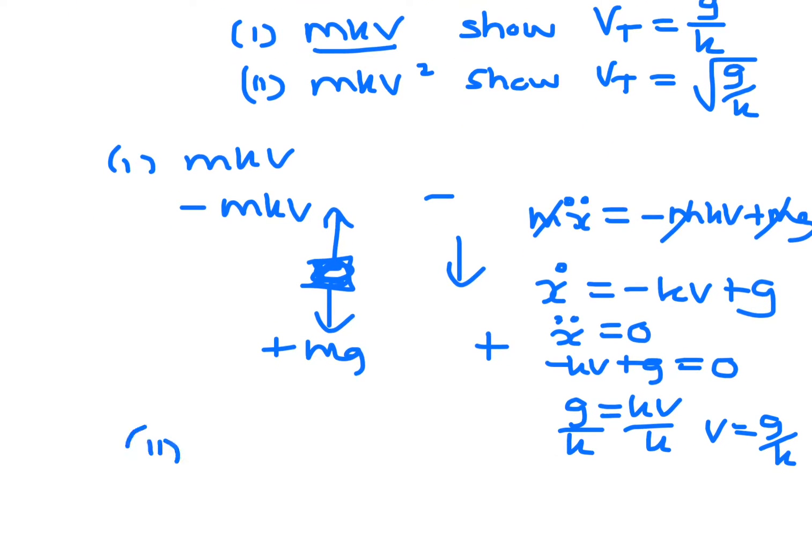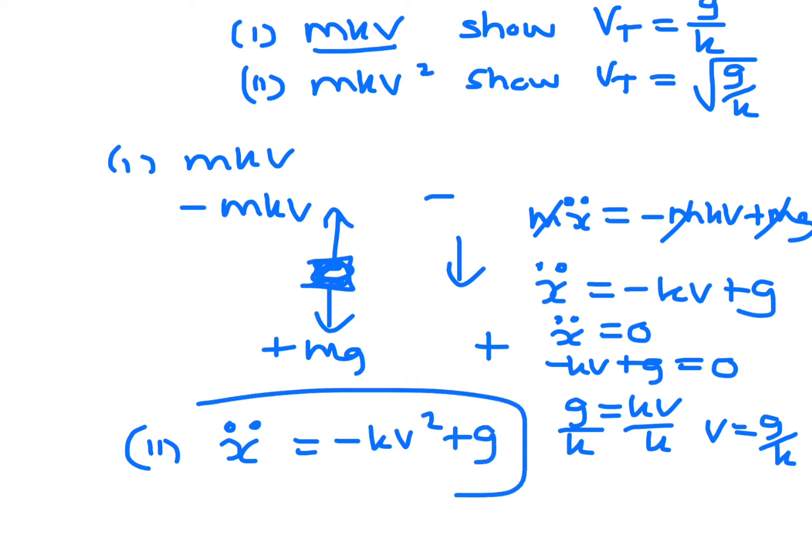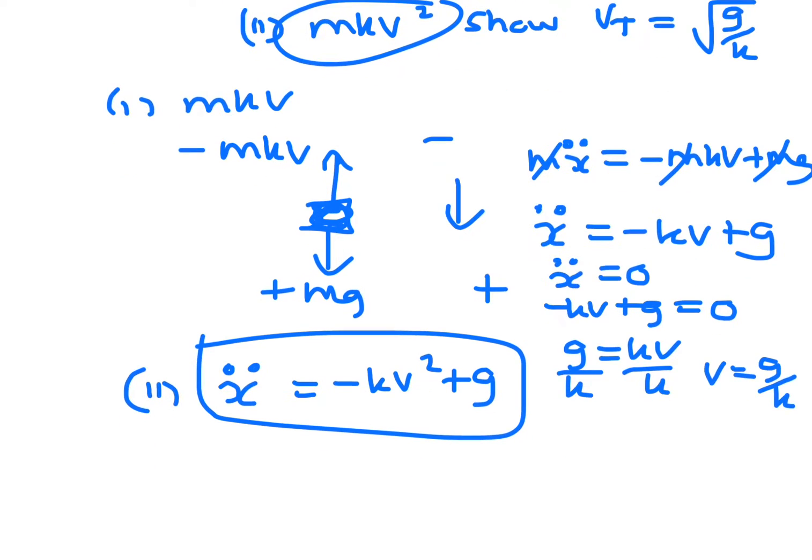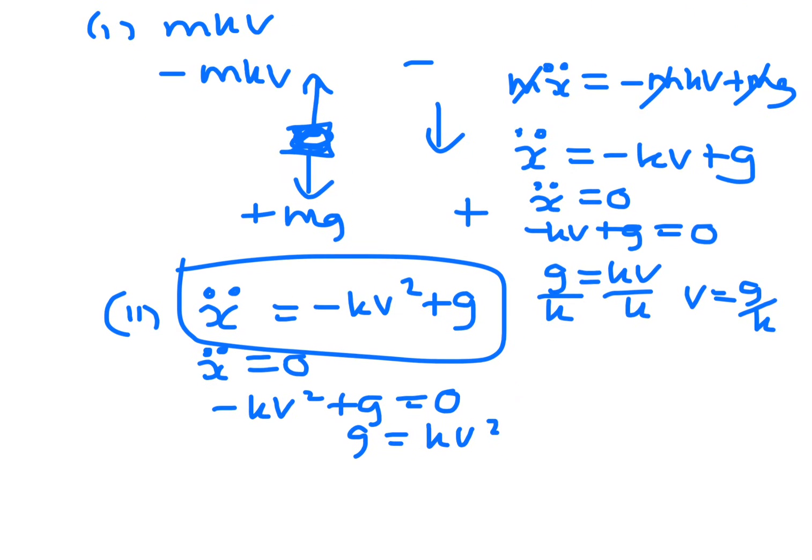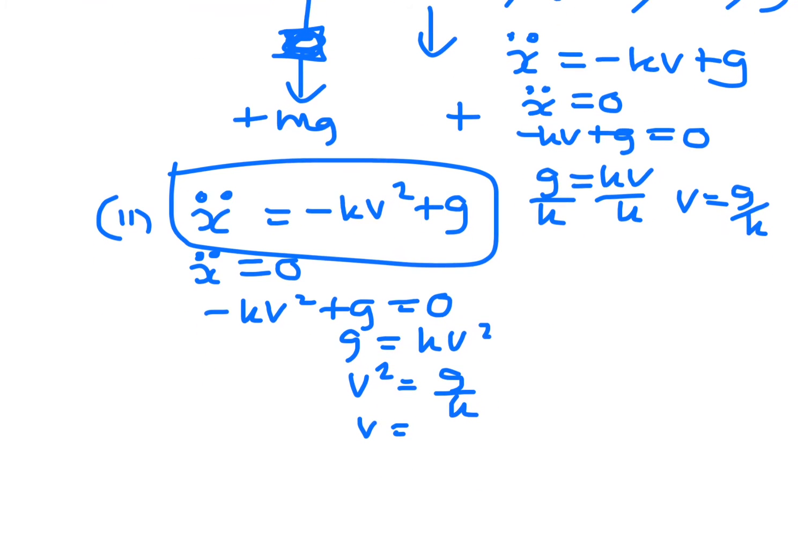Now if we did exactly the same thing, but instead our acceleration equals minus kv squared plus g, then when the acceleration is 0, g equals kv squared. So v squared is g on k, and v will be equal to the square root of g on k.